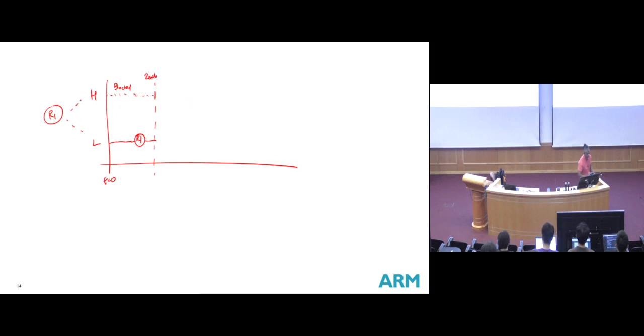Because it transitions to the ready state, the scheduler's responsibility is to always make the higher priority task run, correct? So the low priority task goes to a ready state because it has been preempted, and the high priority task transitions to the run state.